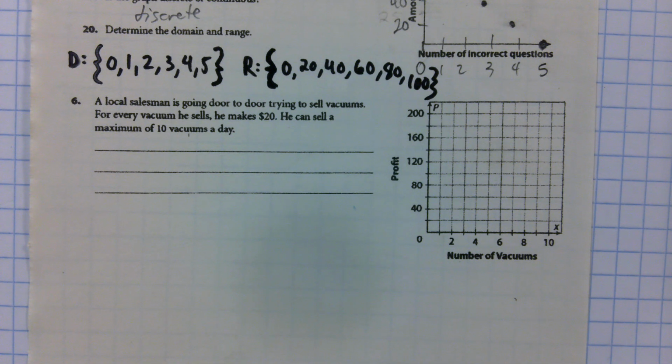I'm gonna take my hoodie off. Good, you're missing 1 point on that. Can he sell 11 vacuums? No.